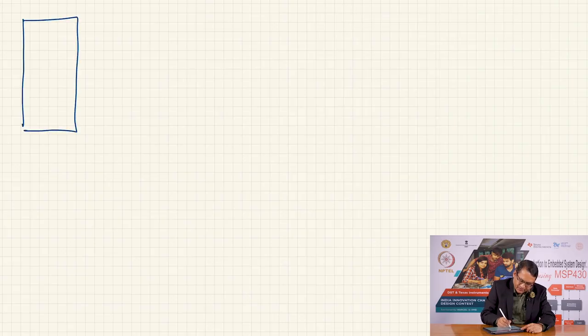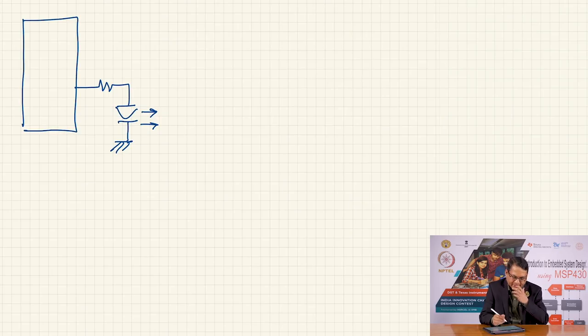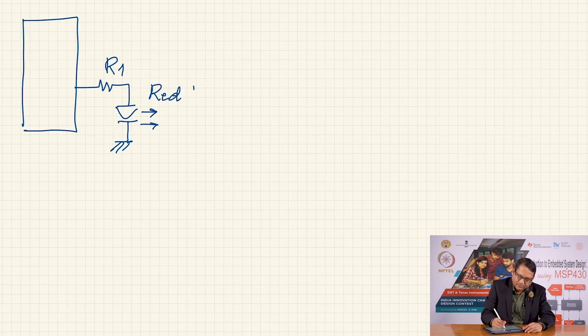In the case of a high side control, meaning I have the LEDs set up so that they will light up when the output voltage is high here in this case. So let us say this is R1, and let us say this is some LED, let us say this is our red LED. And I do not have to use exact values, I will use symbolic values here.